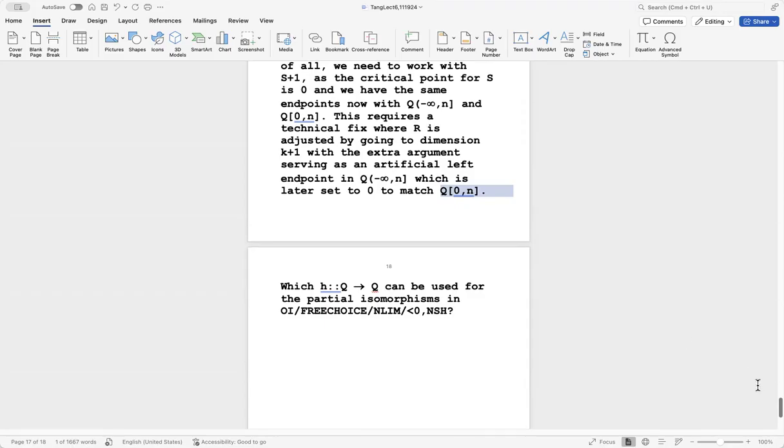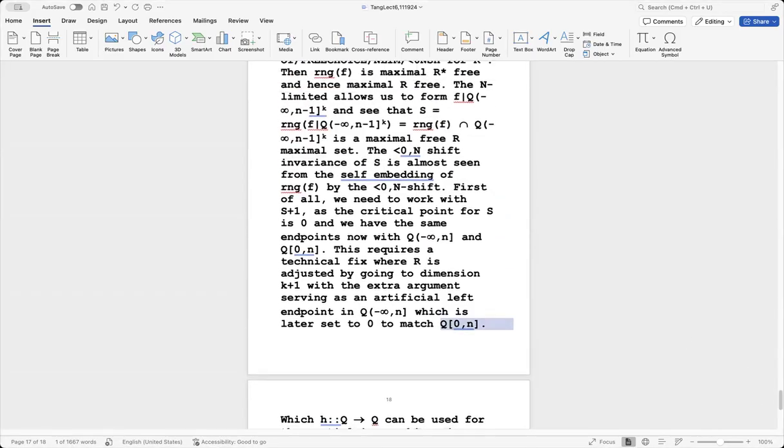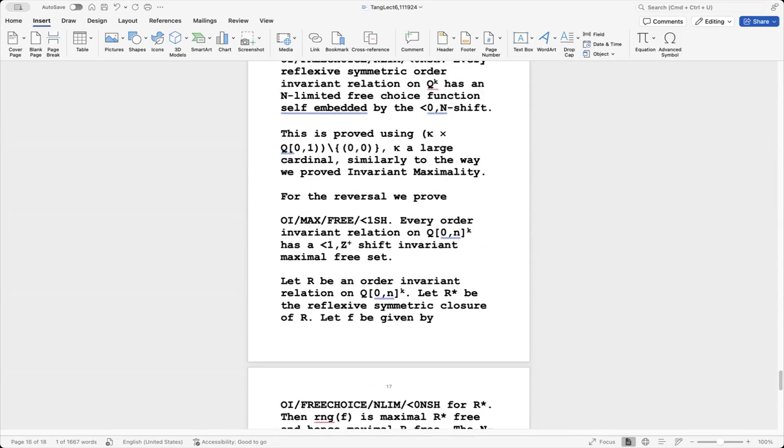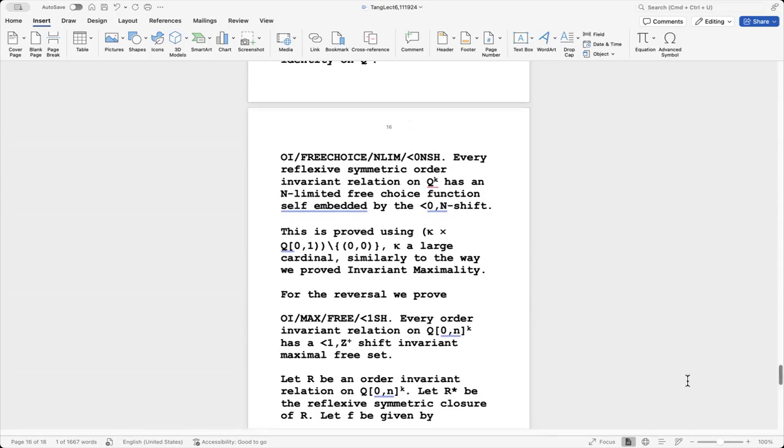Now we have the intriguing question. Going back to the statement, not that one, this one here. What can we use? Less than 0 N shift is a very simple one-dimensional function.